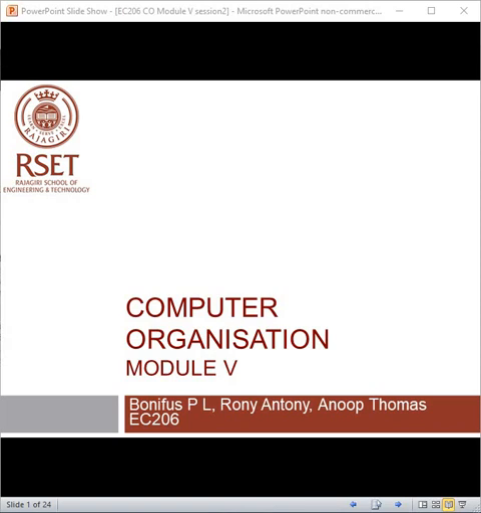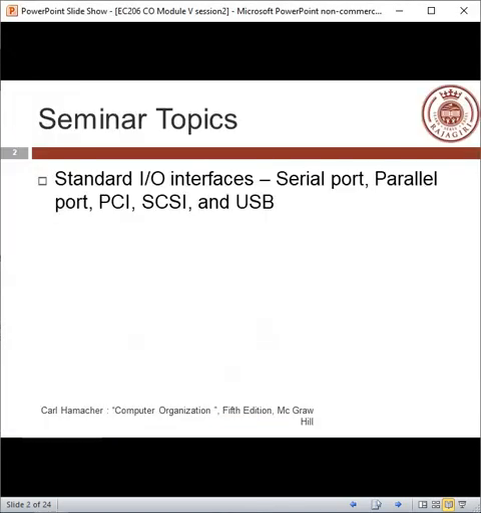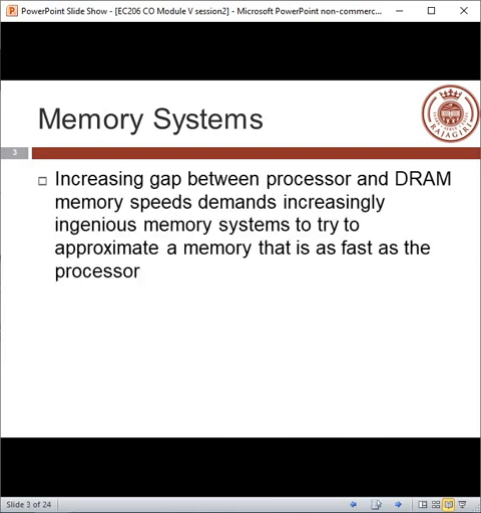In this session, we will see more details about memory systems in a computer. Normally, processors have very high speed, operating at a very high clock rate, and most of our data will be stored in the hard disk.